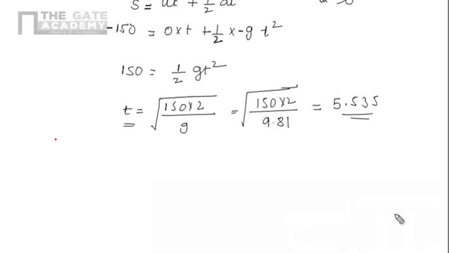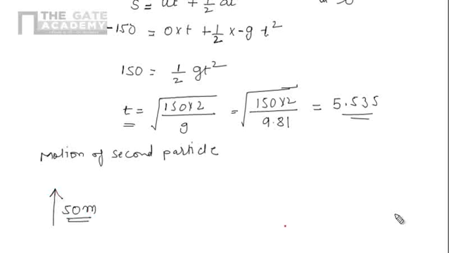So now let's consider motion of the second particle. The second particle is moving in vertically upward direction and it's covering a displacement of 50 meters. So now we can apply the same equation we applied for the motion of the first particle, that is s equals ut plus 1 by 2 at square, and here we are projecting the second particle with some initial velocity. So now we are interested in the value of u.